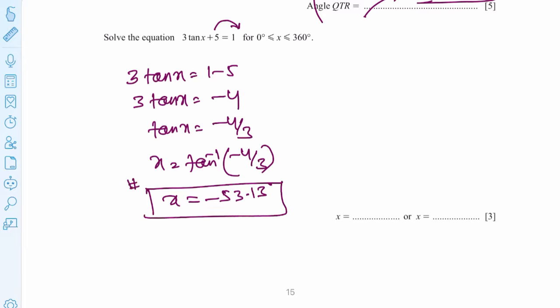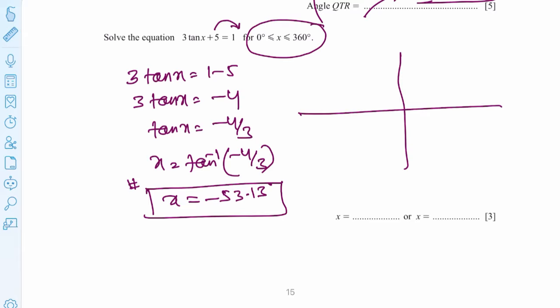Okay, but this is not the answer. Your answer should be a positive angle, that is 0 to 360. If you remember, called the CAST diagram. Remember this. This is cos is positive, this is all are positive, this is sine is positive, this is tan is positive. Now, as per the negative angle, that means it is in the fourth quadrant in this direction.